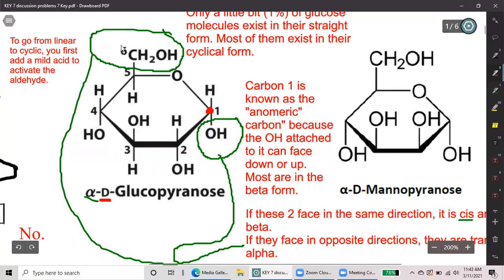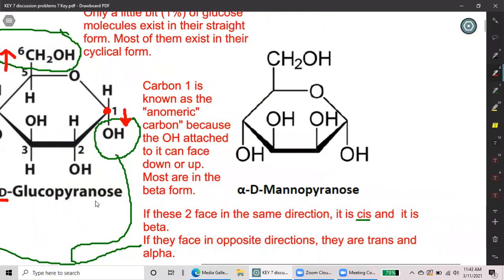So in this case, we have our 6th carbon that's going up. And we have the alcohol group that is attached to this anomeric carbon that is going down. So they are going in opposite directions, so that means that it's alpha. Easy, okay?